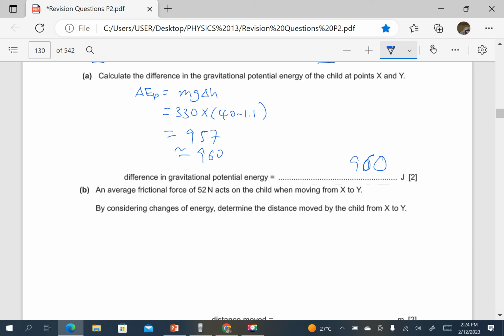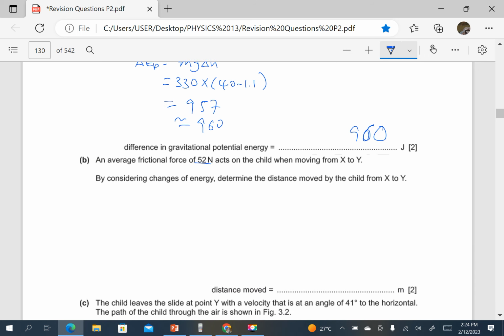An average friction force of 52 newtons acts on the child when moving from X to Y. By considering changes in energy, determine the distance moved by the child from X to Y. You see that the decrease in gravitational potential energy is not the same as the kinetic energy at Y. That means some energy must have been wasted in overcoming friction. So the work done is going to be equal to 960 minus 540, to overcome the average friction force.